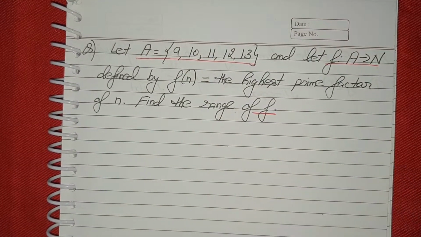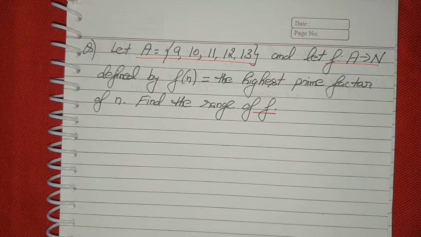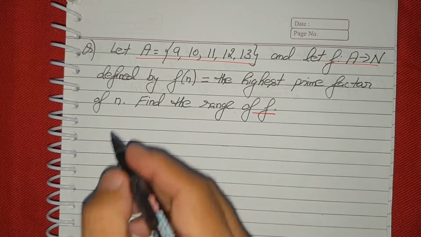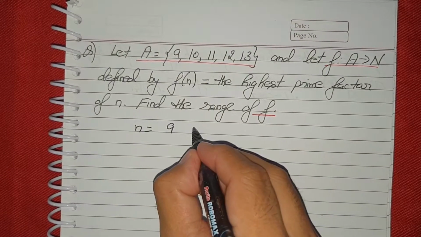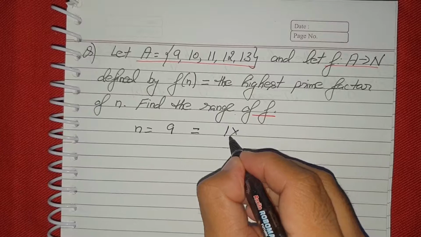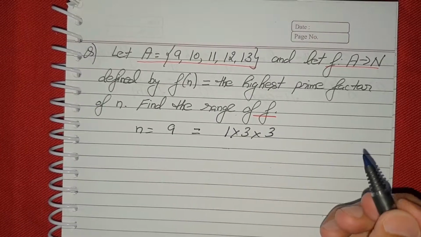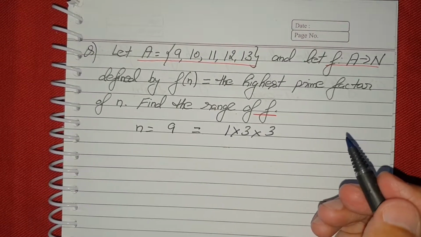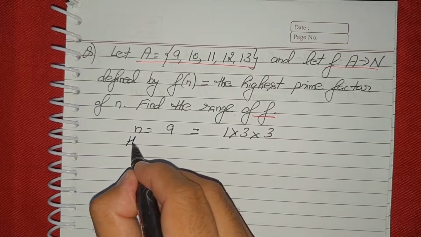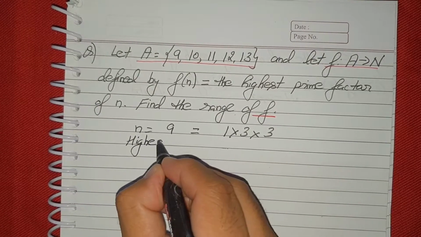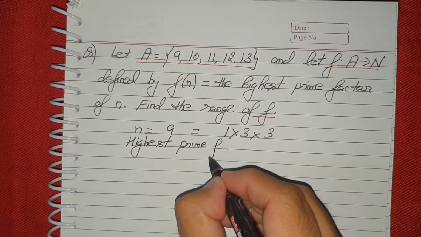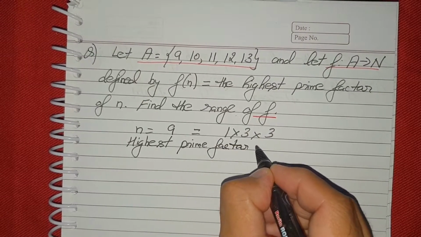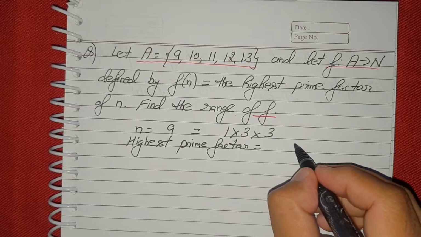Now we will find the highest prime factors of all the elements of the given set by factorizing them into prime factors. Starting with n equals 9, the prime factors of 9 are 1 into 3 into 3. So the highest prime factor will be 3.